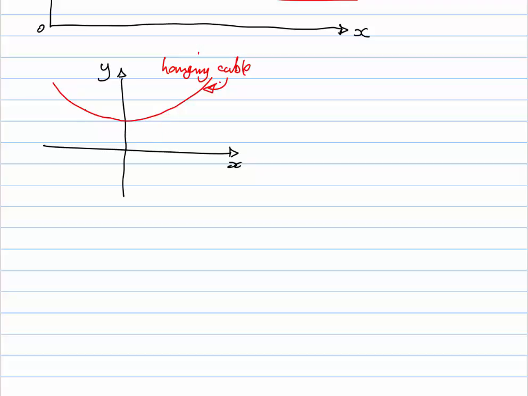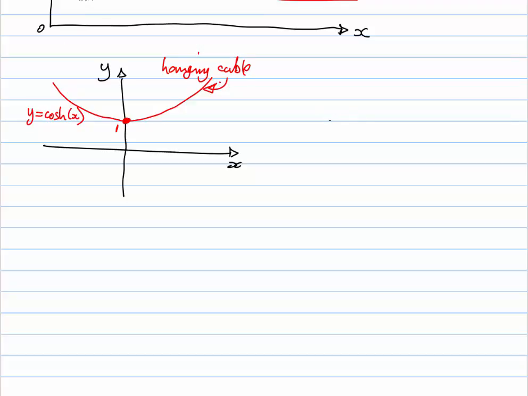Okay, and you could also see this red curve here from power transmission lines between pylons, for example, that sort of shape. Okay, and the important point to note for a cosh is here is the point 1. Okay, so this is a graph of y equals the cosh of x.